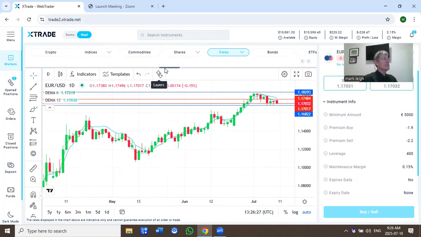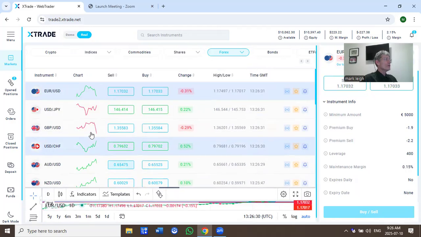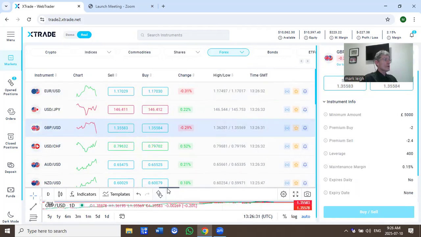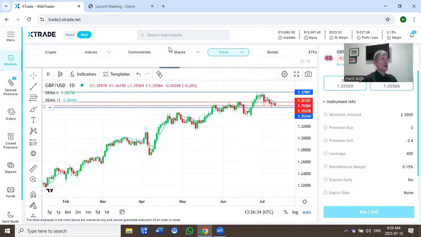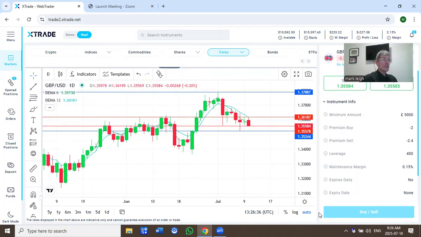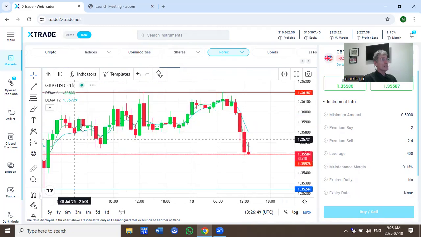Let's have a look at the pound. Also strong US dollar to start. There it is, testing support right now, 1.3558. Got resistance at 1.3618 and testing support right now. Selling pound, buying US. That'll be strong on the hourly.